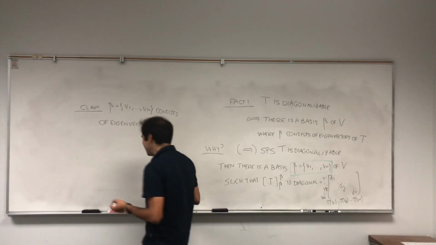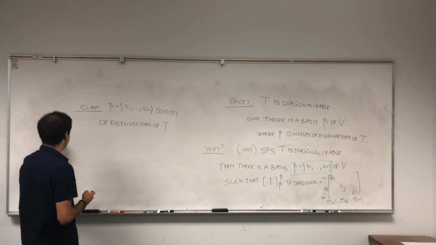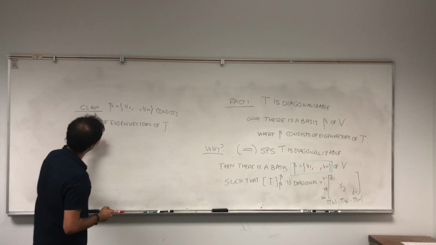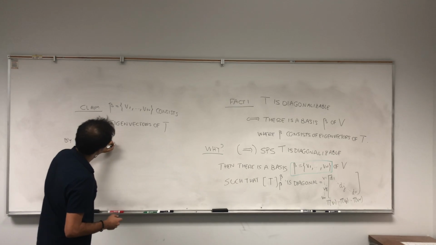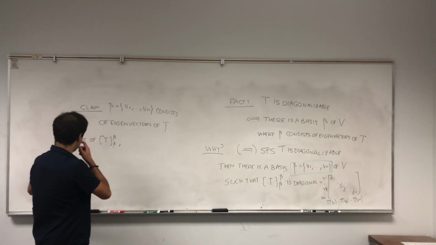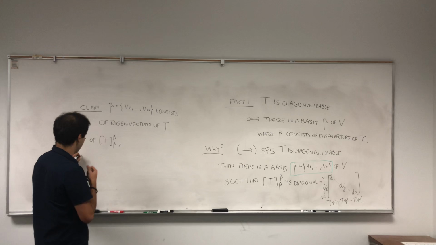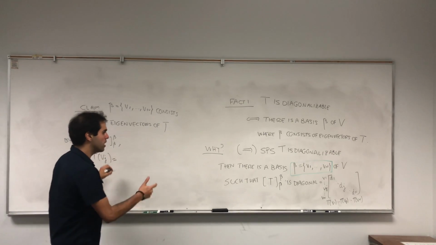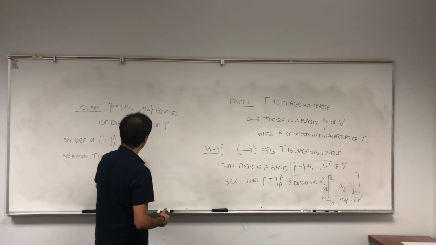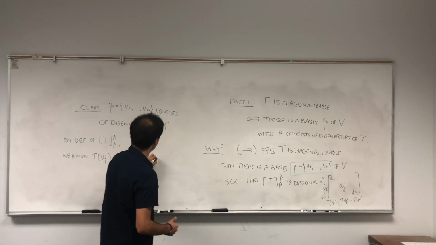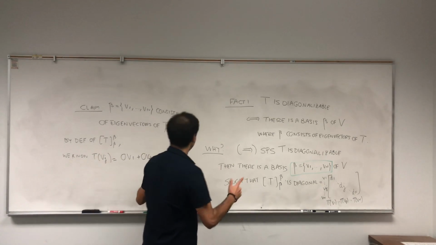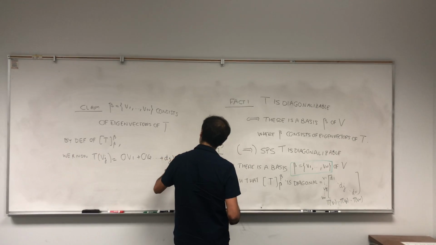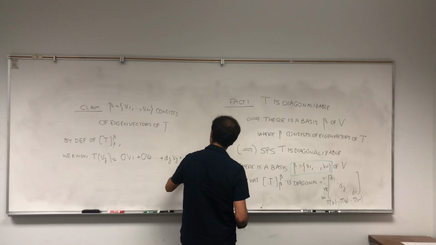So, by definition of the matrix of T, we know that if you evaluate T at vj, you get 0 v1 plus 0 v2 plus dot dot dot plus dj vj plus dot dot dot plus 0 vn.